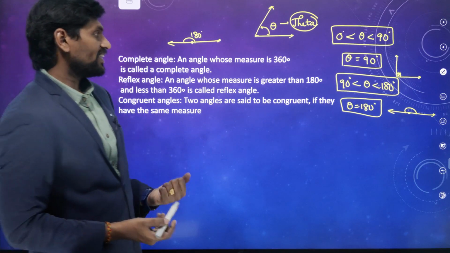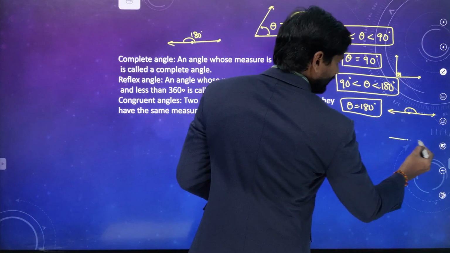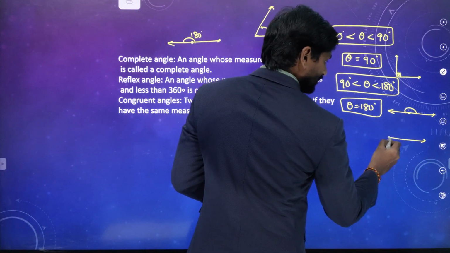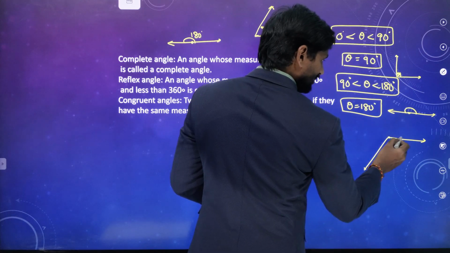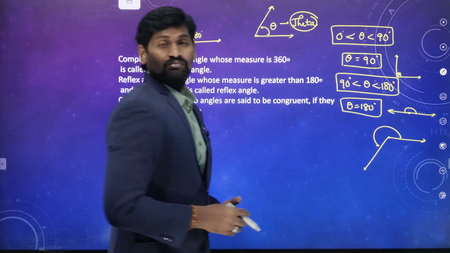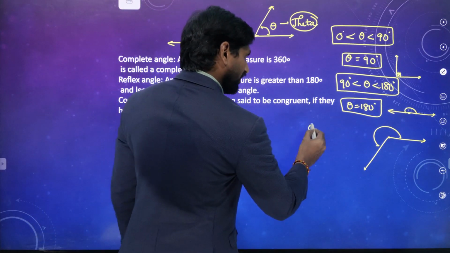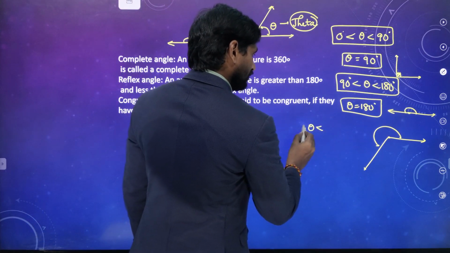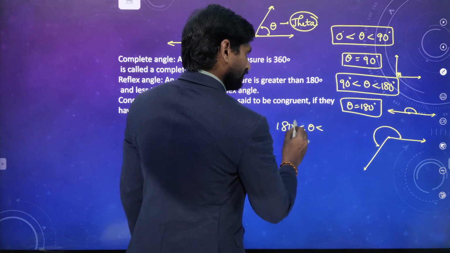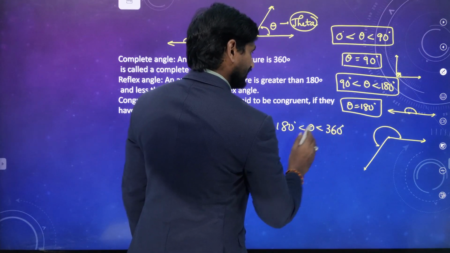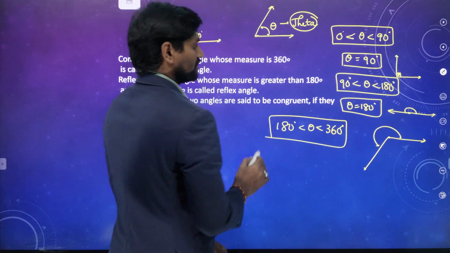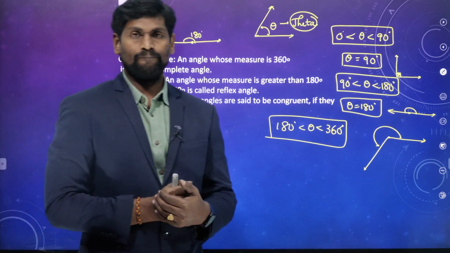Now coming to the reflex angle, an angle which is more than 180 degrees but less than 360 degrees is called a reflex angle. 360 degrees is a complete revolution or complete rotation.